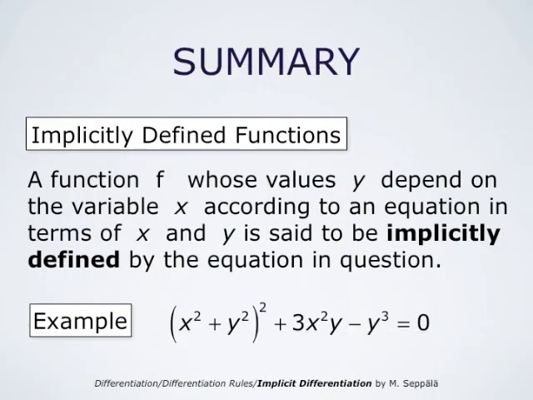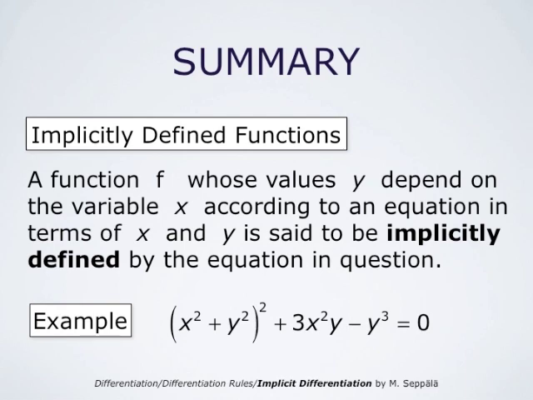To summarize the discussion, I recall that we have considered implicitly defined functions. These are functions which are defined by an equation rather than by an explicit expression. So if the equation is given, then by implicit differentiation one may get lots of information of the function or the graph itself without actually having to solve the function in terms of explicit expressions.